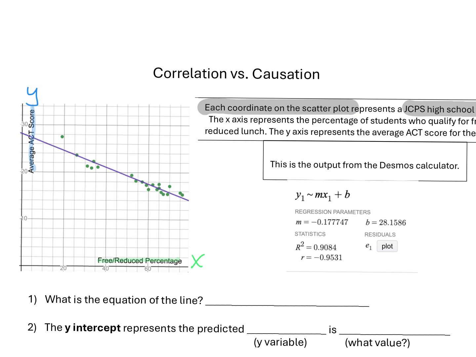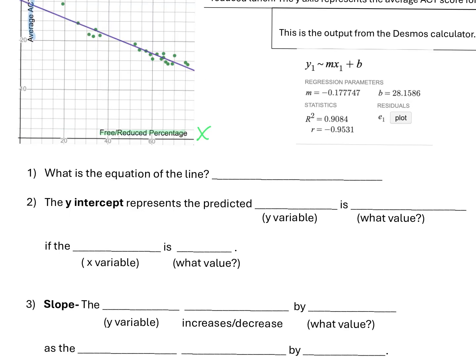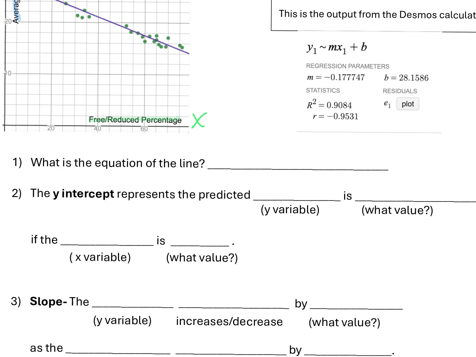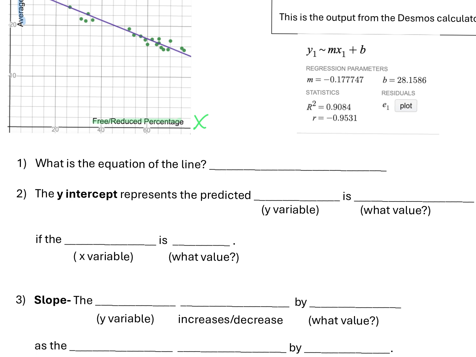So I took this data, I typed it into the Desmos calculator, and this is the output that I got. Let's use the information given to find the equation of the line of best fit. We use the equation y equals mx plus b. Instead of writing y equals m, I am going to replace the m with the number that was given to me in the Desmos calculator. Rounding isn't a big deal for this particular quiz.